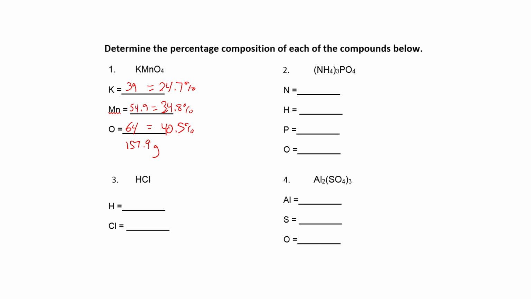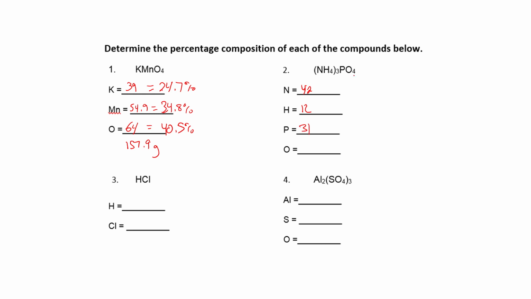Nitrogen. So nitrogen has a mass of 14, but there's actually 3 nitrogen. So 14 times 3 is 42. Hydrogen has a mass of 1, but if we multiply this through, we actually have 12 hydrogens, so that has a mass of 12. Phosphorus has a mass of 30.97, so I'm just going to round that to 31.